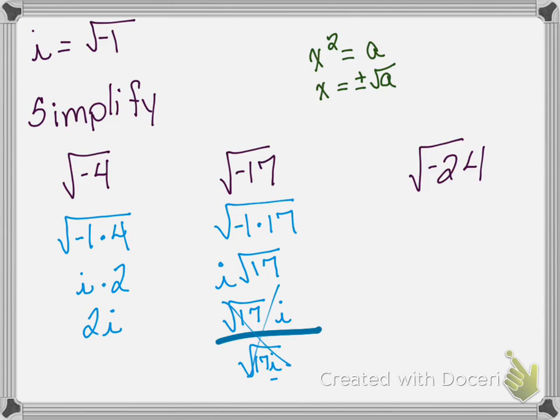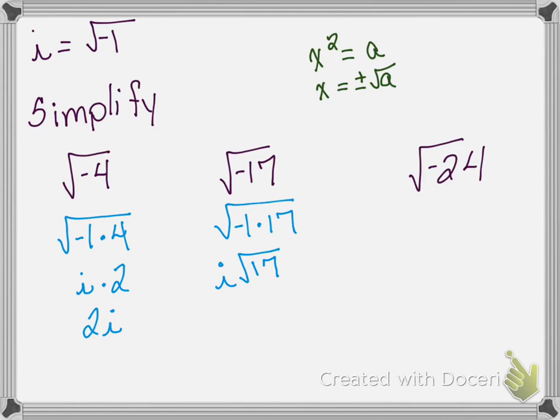So I would recommend not doing that. While the top one is correct, the bottom one is not. Sometimes you get so fast with your writing that you don't realize you've put the i inside the square root. So I prefer it written as i on the square root of 17.